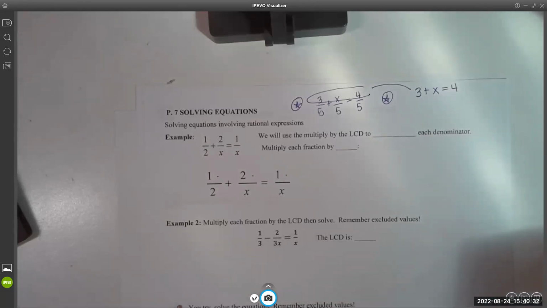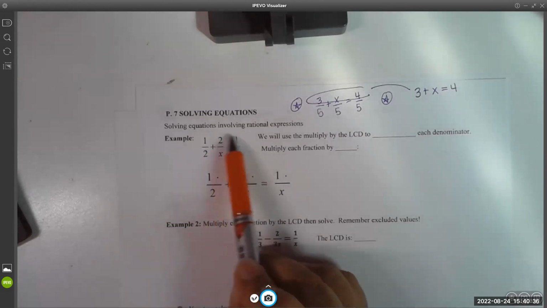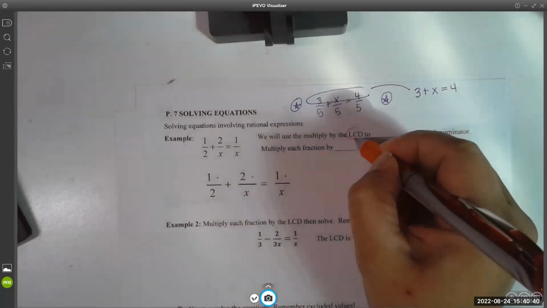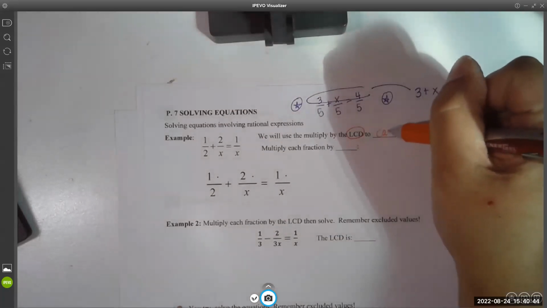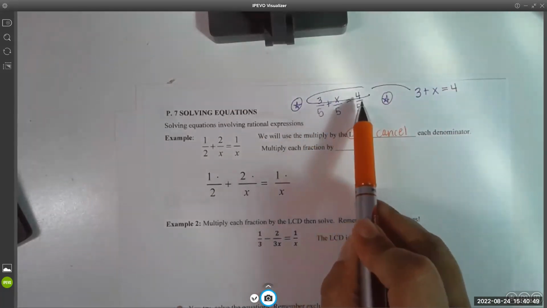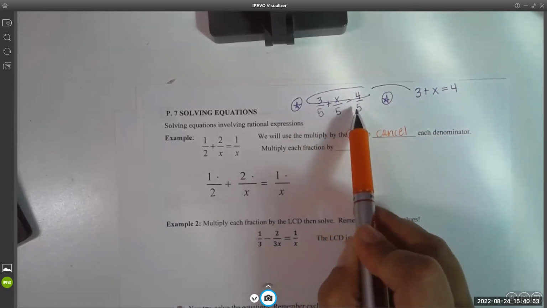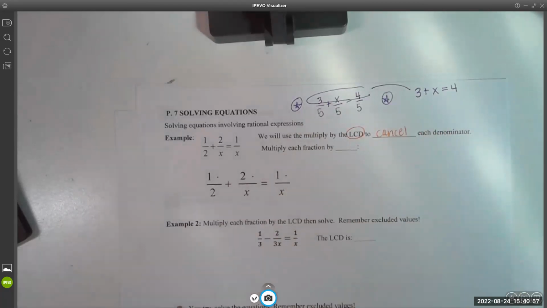So essentially what we're doing when we have x involved in an equation and there are fractions, you're going to try to find the least common denominator, so that we can cancel out each denominator, basically doing what I just did in this little made-up example right here. If all the denominators are the same, then I could just ignore the denominators and add the tops.